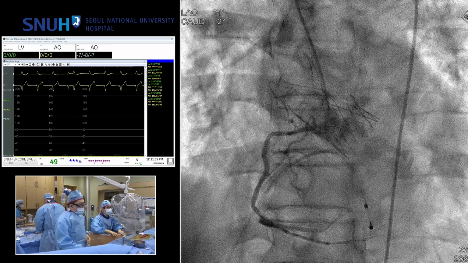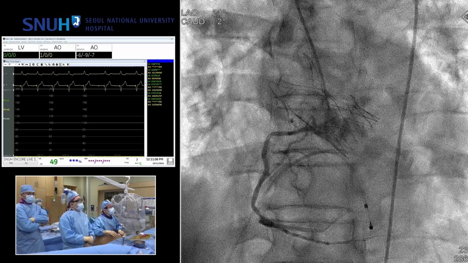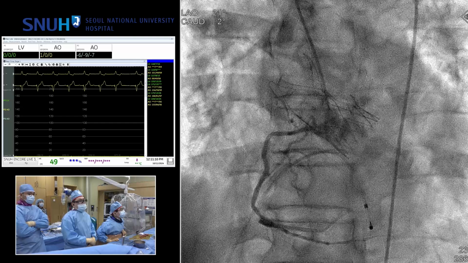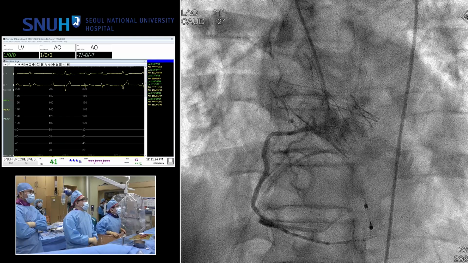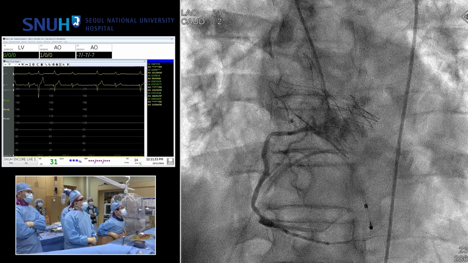Can you decrease the pacing backup rate to check the conduction system? 30. Three to one block, Wenckebach. Two to one block.